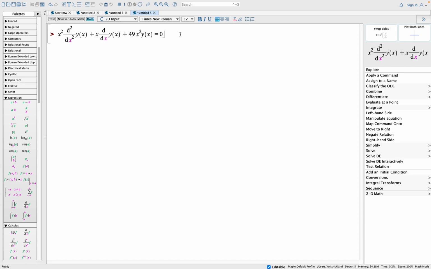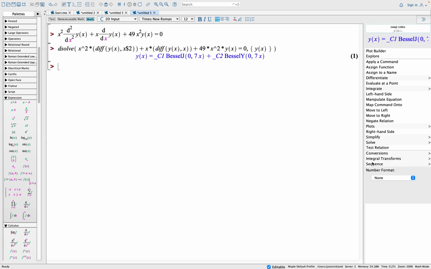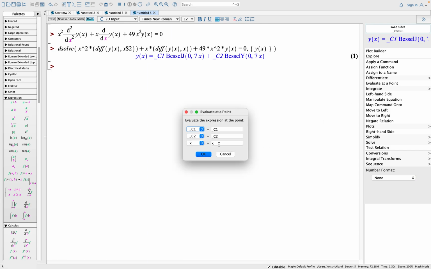Okay, for the third equation, we're back to a constant alongside x squared y, and if we're looking at solving the differential equation in terms of y, again I'm interested in just the Bessel function of the first kind. So going to evaluating at a point, we have the given condition for x equal to 1, and again I just want to eliminate the Bessel function of the second kind.